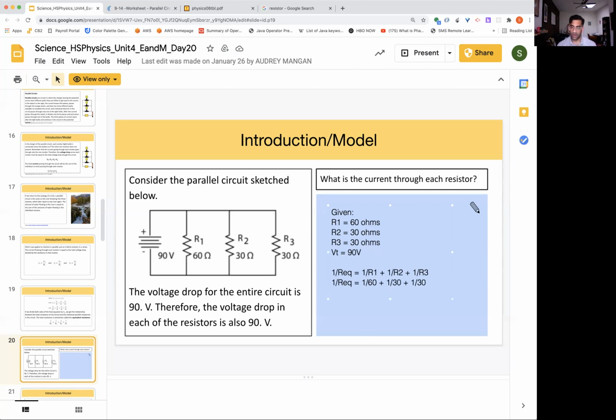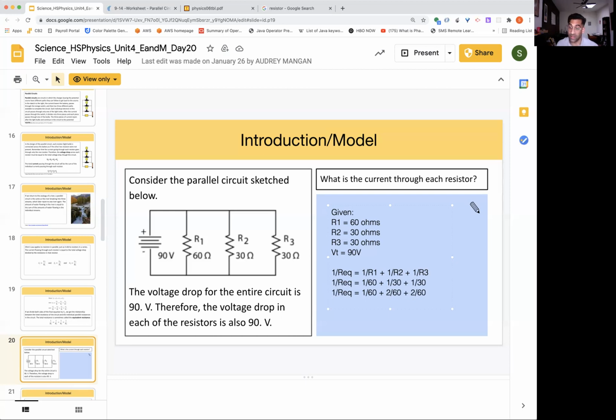Now that we have that, we can make common denominators, and we can combine all these. So 1 over Req is actually equal to 1 over 60 plus, if I convert 1 over 30 to a denominator 60 fraction, I can say that's 2 over 60, and that's going to be the same for the other 1 over 30. That's 2 over 60 again. Now I can add them all together.